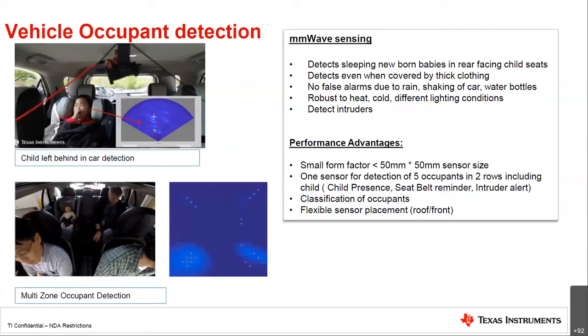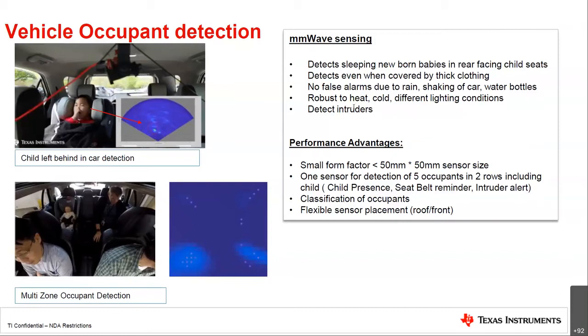And what we've done in our testing is that we can detect sleeping newborn babies that are in rear-facing child seats, because that is one of the advantages of mmWave technology, that it can actually transmit through certain kinds of materials, such as the car seat, the back of a car, and be able to still detect the life form in the seat.